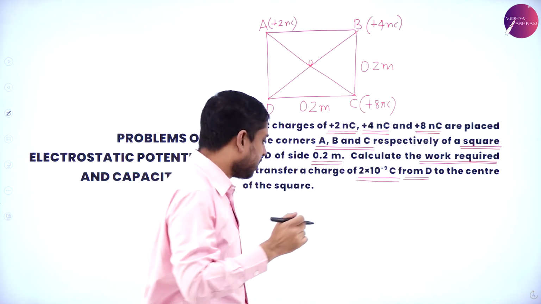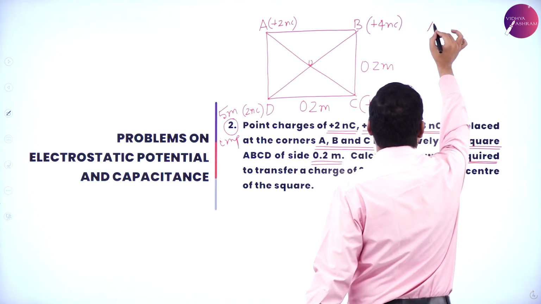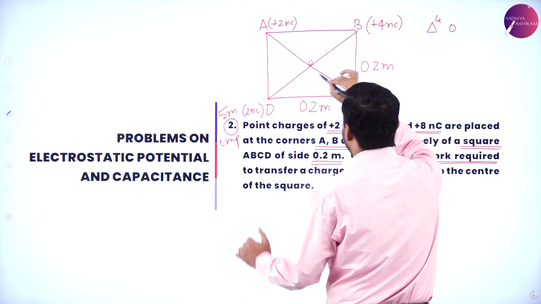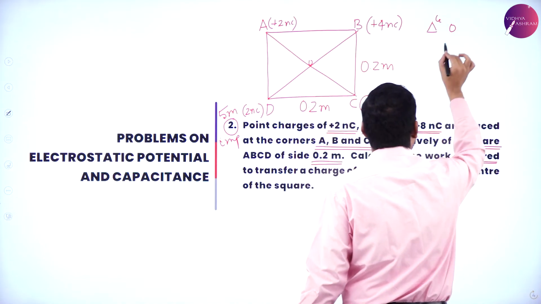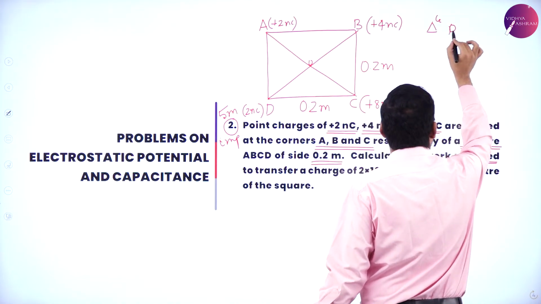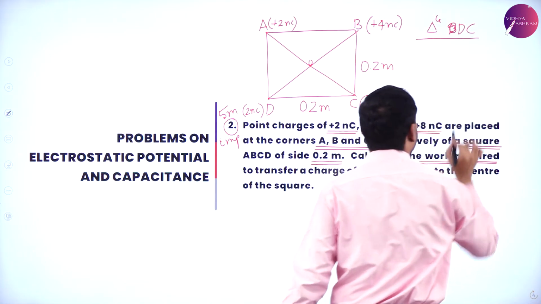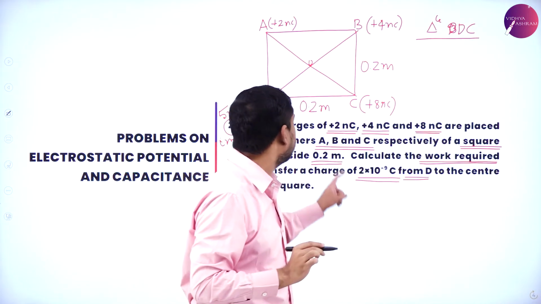How do I do that? Now, from right angle triangle BDC, I am just applying Pythagoras theorem.